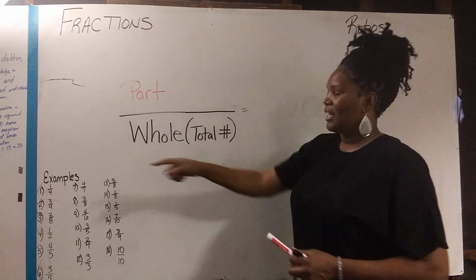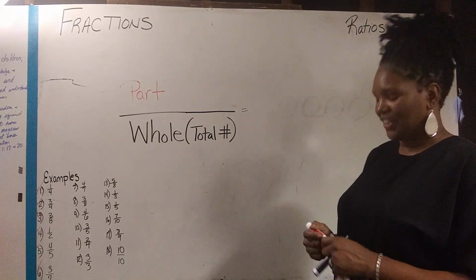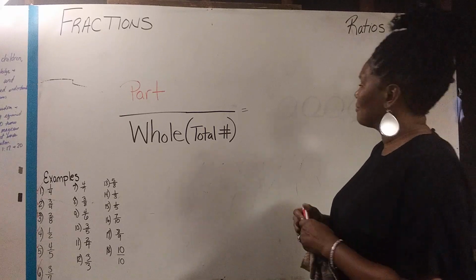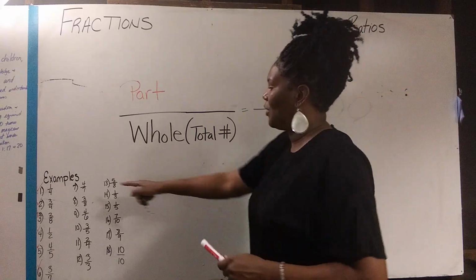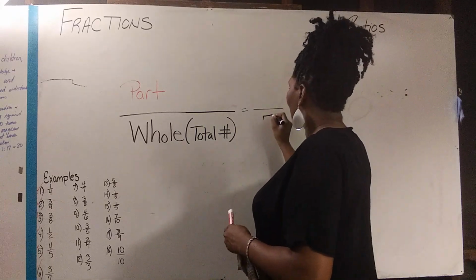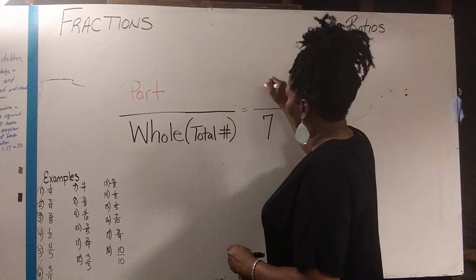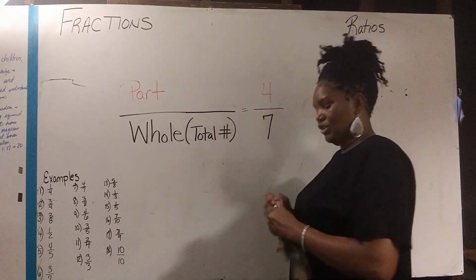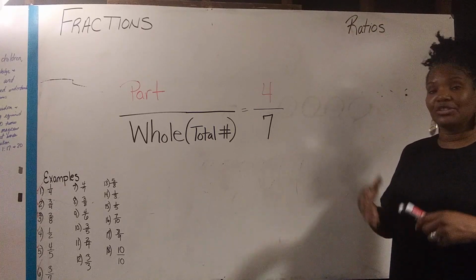All right, the next one, problem number 7 is 4/7. All right. How many do we have total? The number at the bottom is 7, and the number at the top tells me how many I'm going to color. 4. So I've got to draw 7 circles or something.